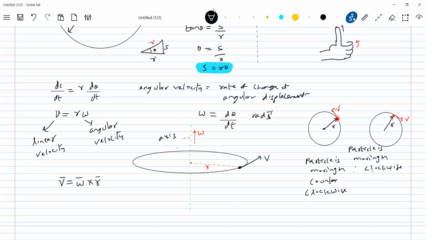What about omega? Omega will be out of the plane here. So here I'll go for these symbols, very helpful for us. This will be the direction into the plane.